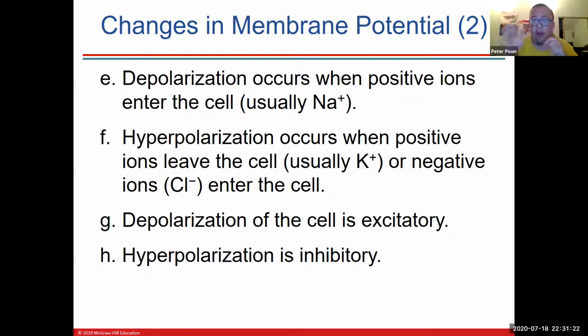One depolarization is not going to do it, but every time I depolarize the neuron a little bit, I come closer and closer to the threshold. Once I get to the threshold, bang, the sodium channels get flipped open.